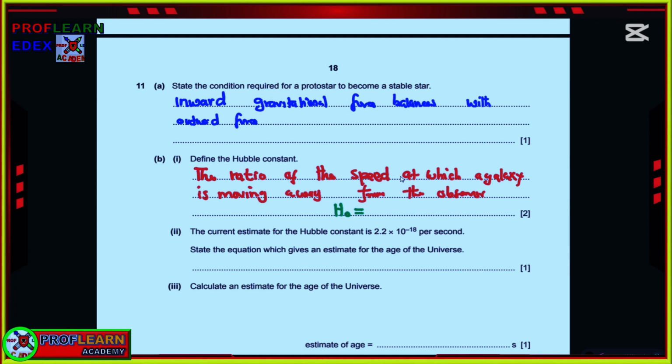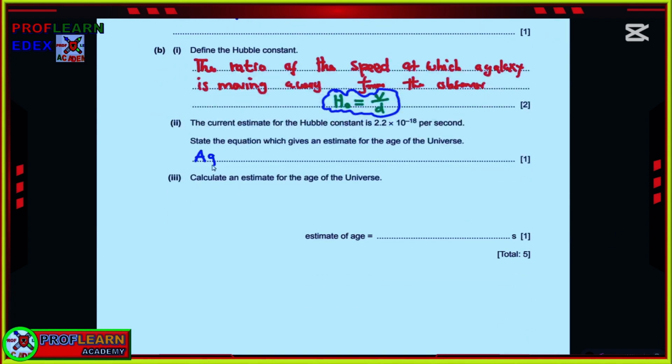All right, so we need to move ahead, and this is the formula for Hubble's constant. Now the current estimate for Hubble's constant is 2.2 times 10 raised to power negative 18 per second. State the equation which gives the estimate for the age of the universe.